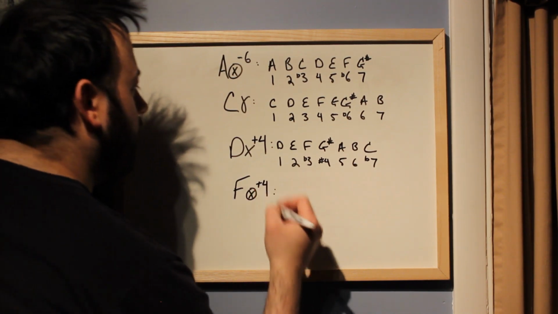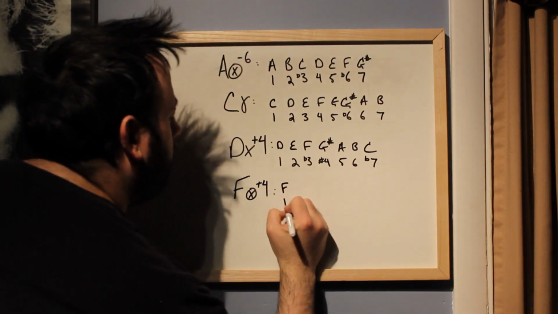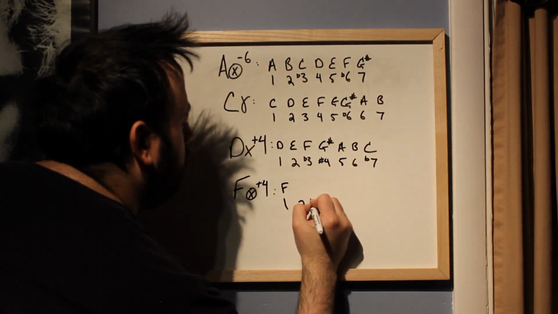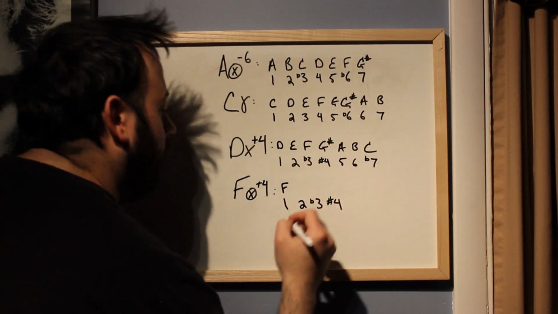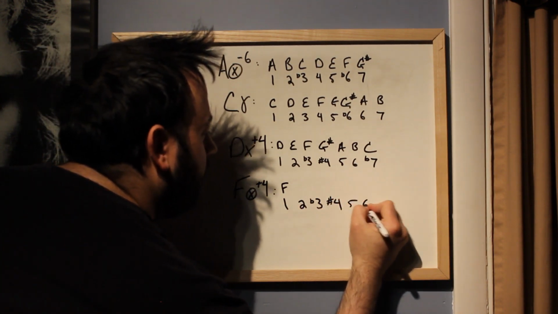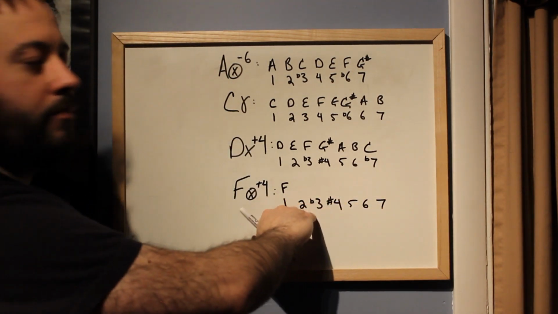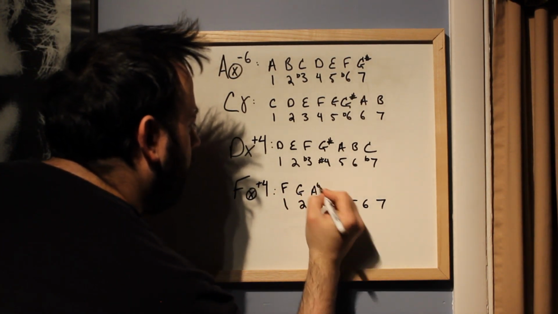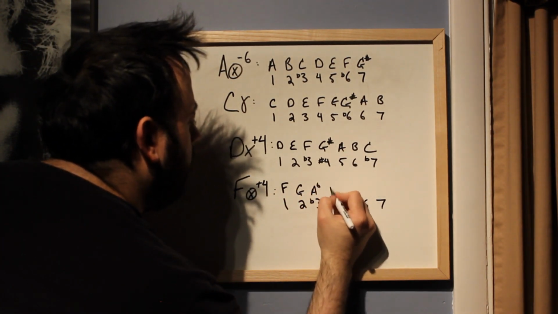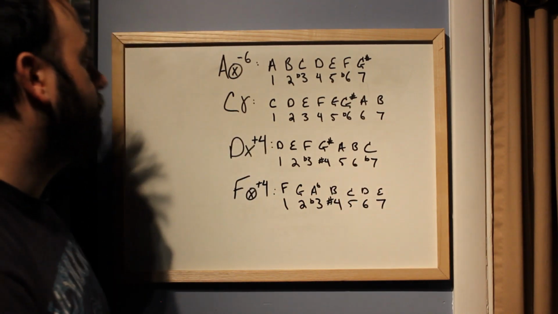Well, actually, I'll just write the numbers here on the bottom so it's easy to see. 1, 2, flat 3, Lydian minor, sharp 4 for that Lydian part of it, 5, 6, 7. A major 7 with the sharp 4, but now it's minor. F, G, A flat, B, C, D, E.